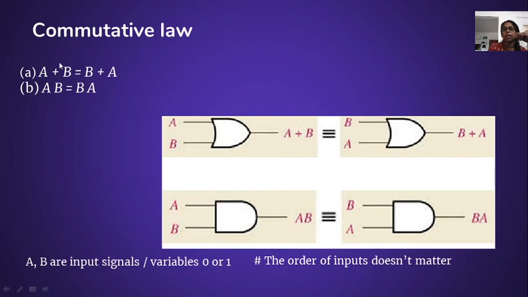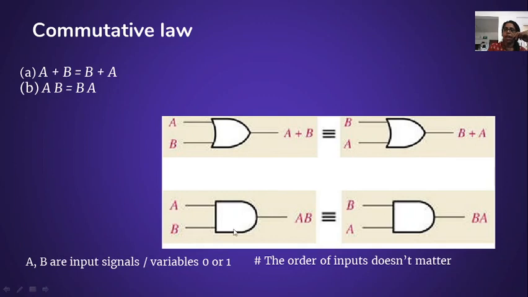A or B is equal to B or A. Again another OR gate whose first input becomes B and second input is A. So the output will be B or A. My dears, you got this point. So the left hand side OR gate is equivalent to the second OR gate. This is the commutative law in logical circuit form.